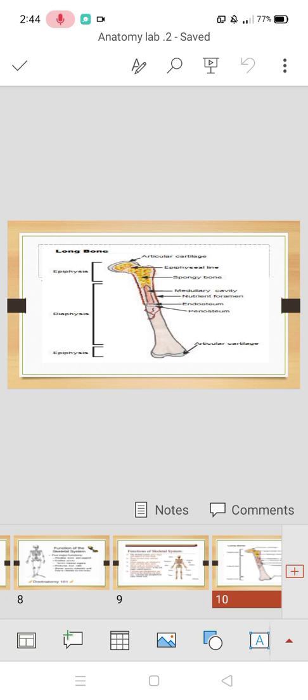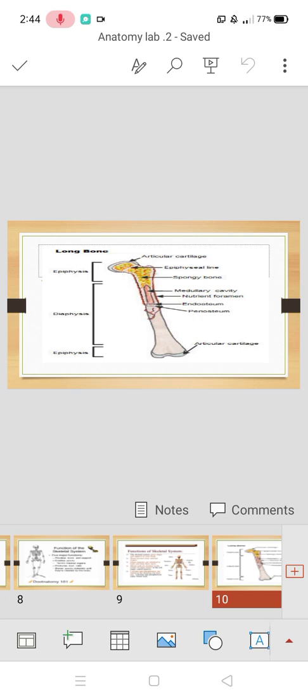The medullary cavity is the hollow part of the bone that contains bone marrow. Nutrient foramen, an opening into the shaft of the humerus which gives passage to blood vessels. Endosteum, a membrane lining the inner surface of the bony wall.